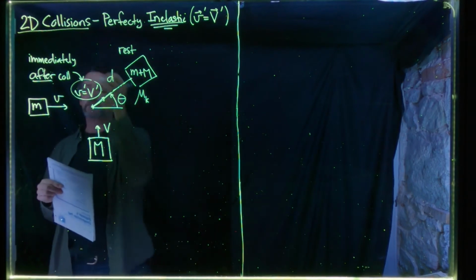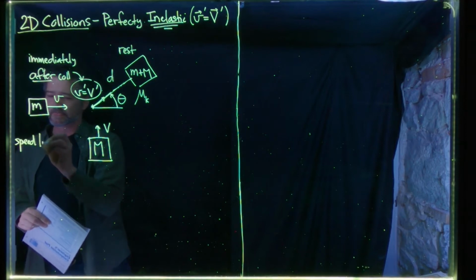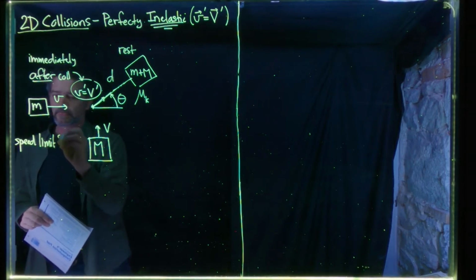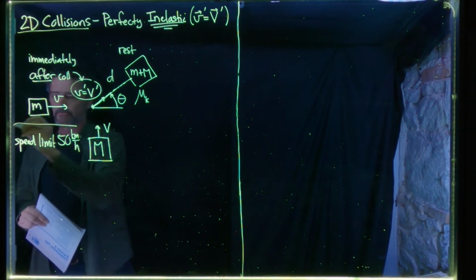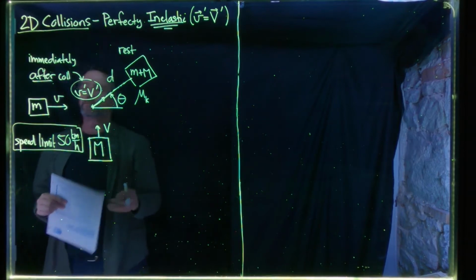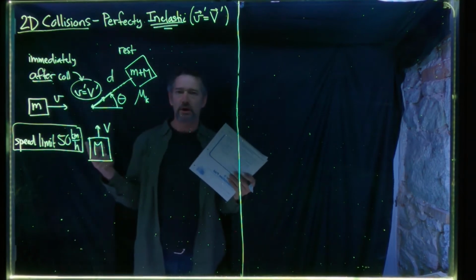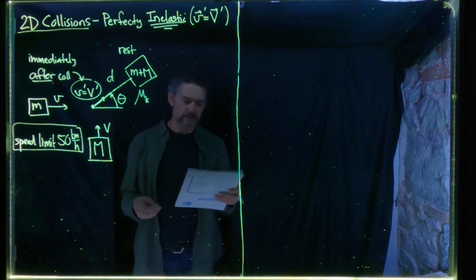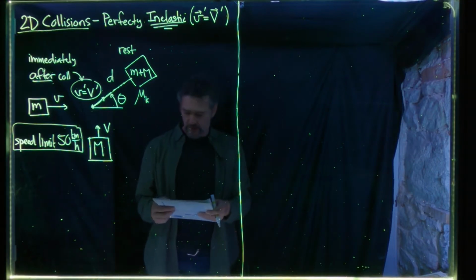So there's a speed limit here of, say, 50 kilometers per hour. And so really what we want to figure out is, based upon the evidence after the crash, can we figure out the two initial speeds, little v and big V? Okay, so we've got that.